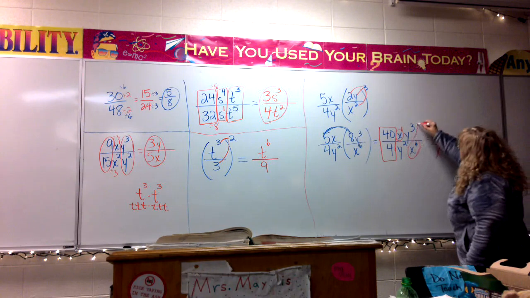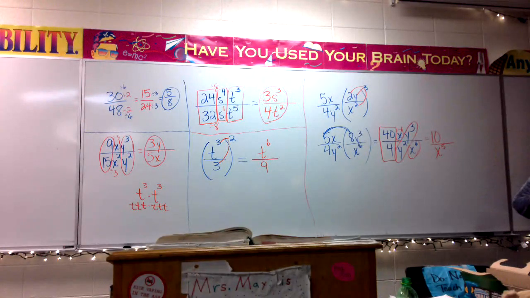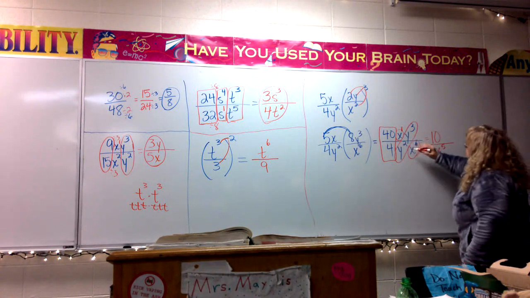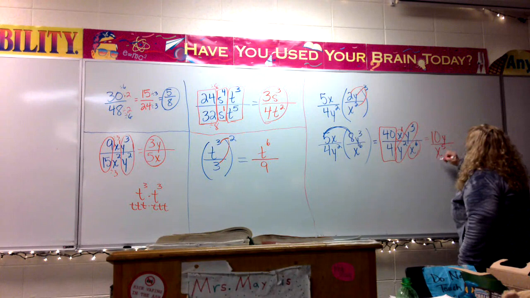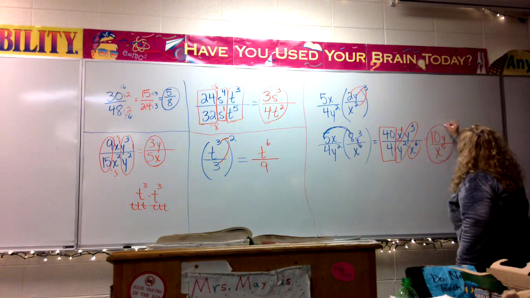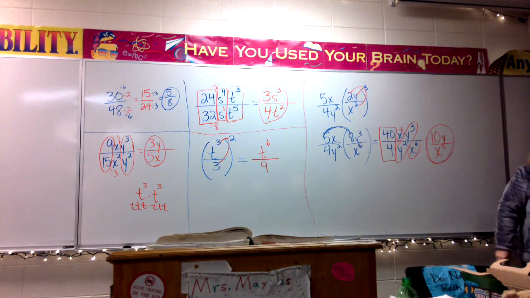What about these? And y on the top. How many? Just 1. 3 take away 2 is to the 1st, and the bigger one's on top. So, like that?